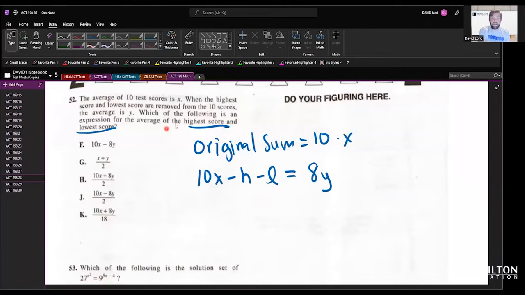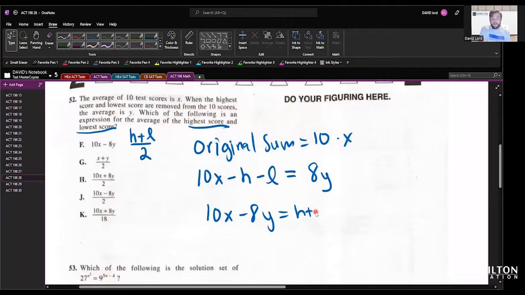I'm solving for the average of the highest and lowest scores. So I really want h plus l over 2. And looking at this, I can move these two over to the other side. So 10x minus 8y is equal to h plus l. And that looks pretty good, but because we want the average, we're going to divide both sides by 2.